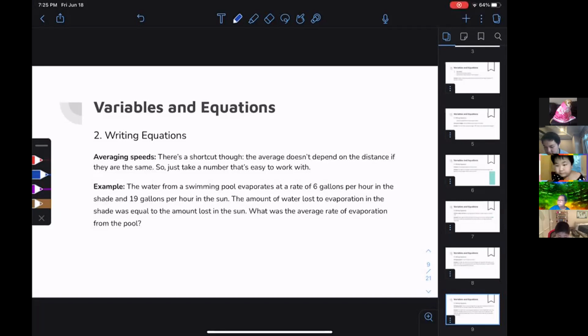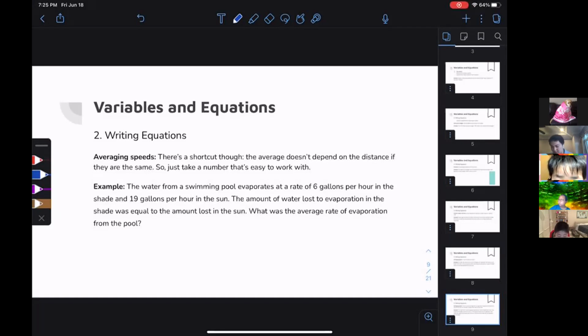We will look at that in this problem. One strategy mentioned here is to take a number for the total distance, or in this case work done, that's convenient to fit the other numbers in the problem.